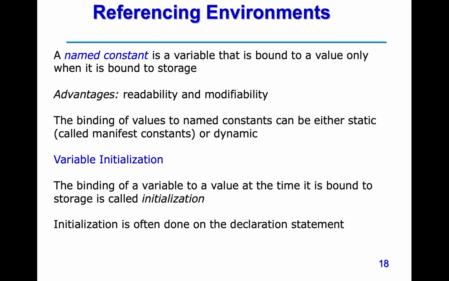In C or C++, variables are not automatically initialized by default. If I say integer i and then I cout i to the screen, I get garbage. In Java, variables are initialized automatically to a default value. For example, numbers are 0. Pointers or references to objects are null by default.